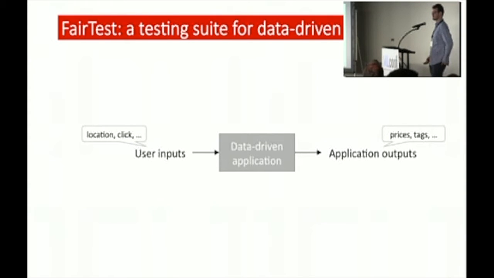You can think of these as locations, clicks, or also sensitive attributes like your gender, your race, and so on. And the output could be a price, a tag, a decision whether you're hired or not, your healthcare premium, whatever.